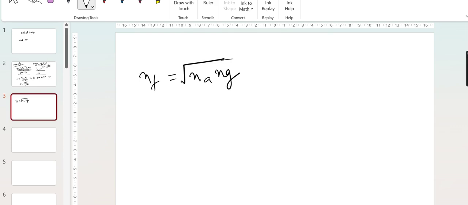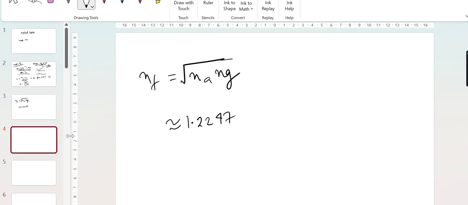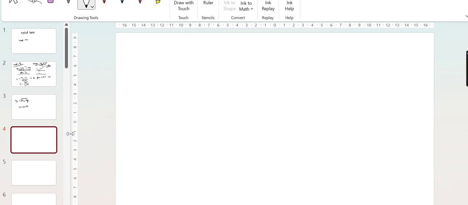If we calculate, n_f is almost equal to 1.247, something like this. But if we change the glasses, we presumed that the refractive index for glass is 1.5, but it is not the case all the time. Then this n_f changes.